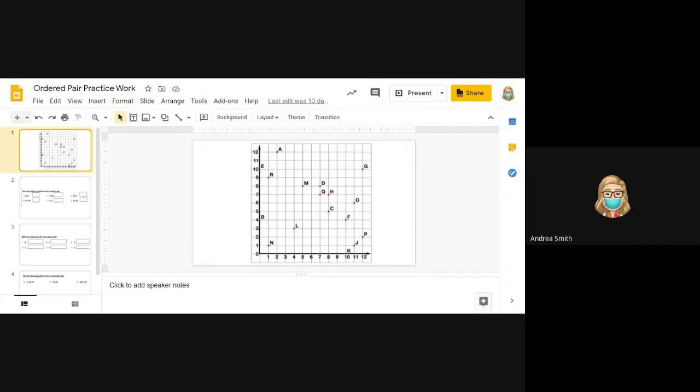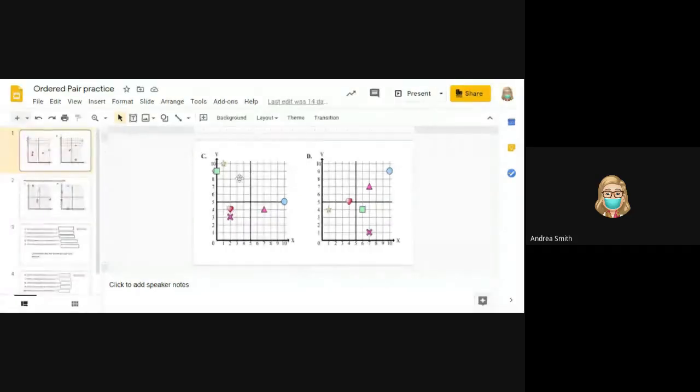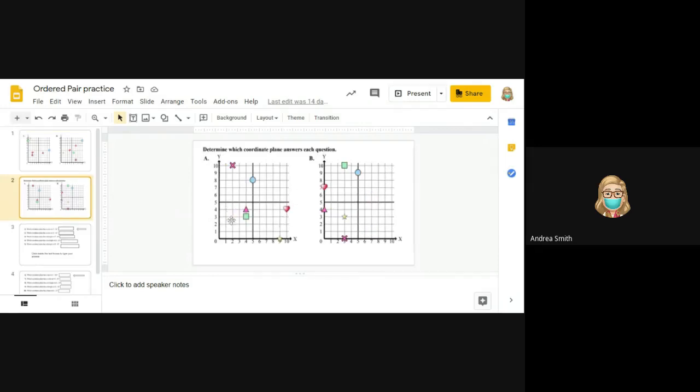We had you practice telling me what is on a different ordered pair. For example, on this assignment, it would ask you a question like, what shape do you see on 5 and 9? And your answer was the circle. So we have practiced an awful lot.